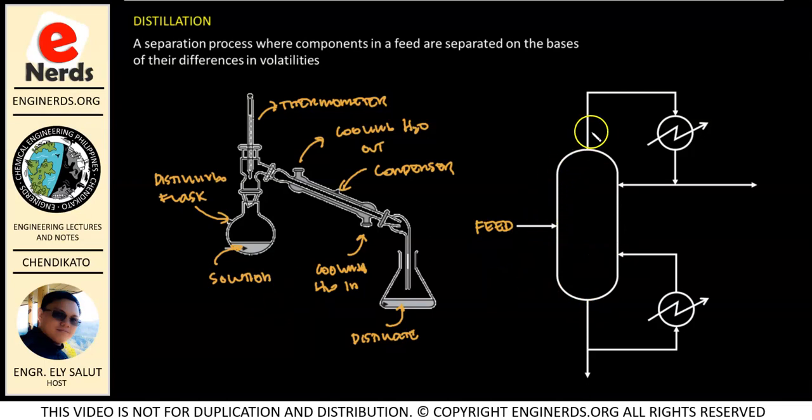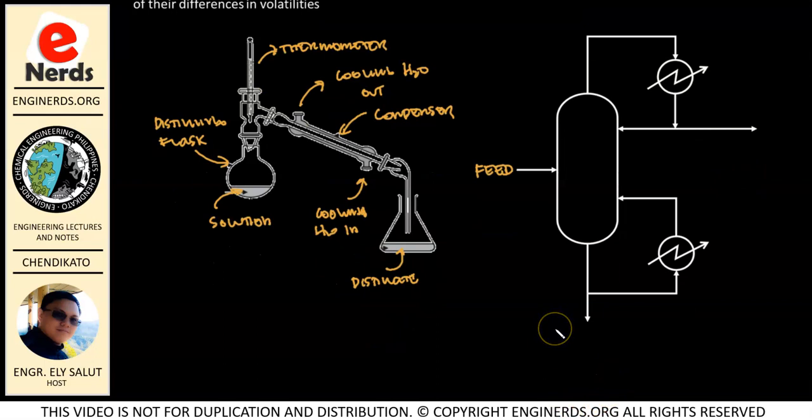And as you can see, we have two products in here. Meron tayong product na lumalabas dito, and meron din tayong product na lumalabas dito sa ibaba, di ba? So, we're going to identify that. So, let us call this as the upper product. And then we have here our bottom product.